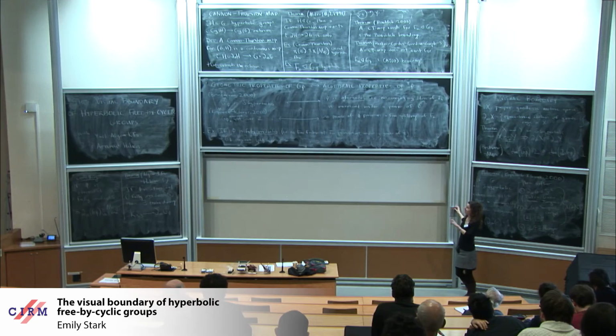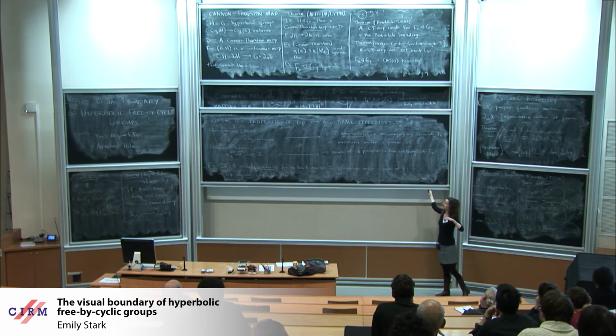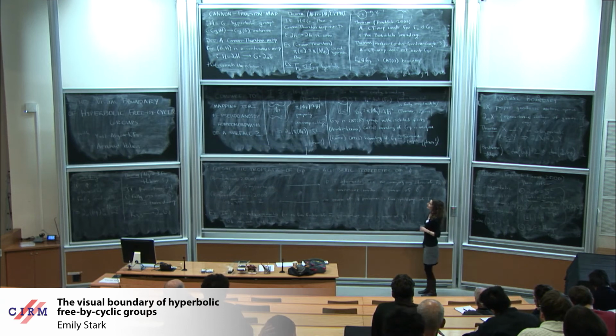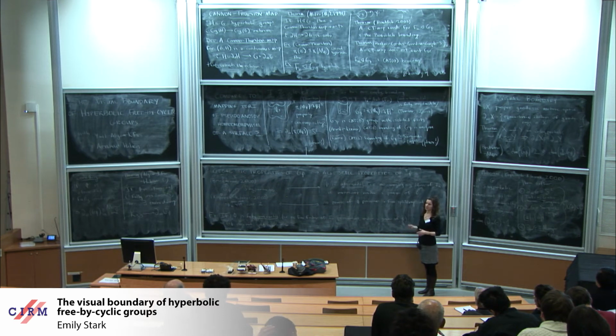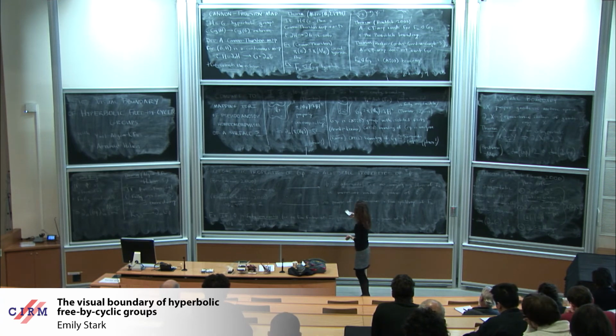So to summarize, our starting point to study boundaries of free-by-cyclic groups is the Cannon-Thurston map. Also important to us is the analogy between Cannon-Thurston maps for hyperbolic manifold groups and for hyperbolic free-by-cyclic groups. And we note that in the relatively hyperbolic setting, the strength of the analogy depends on which boundary you consider.